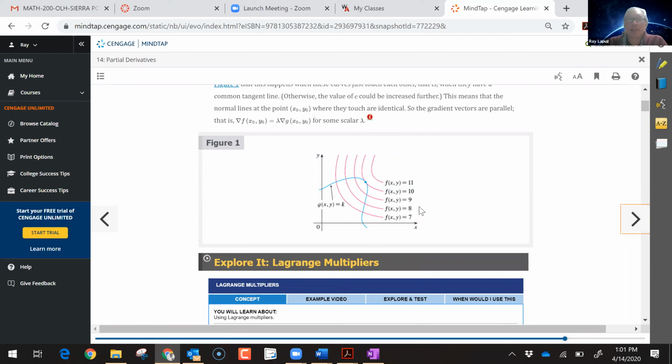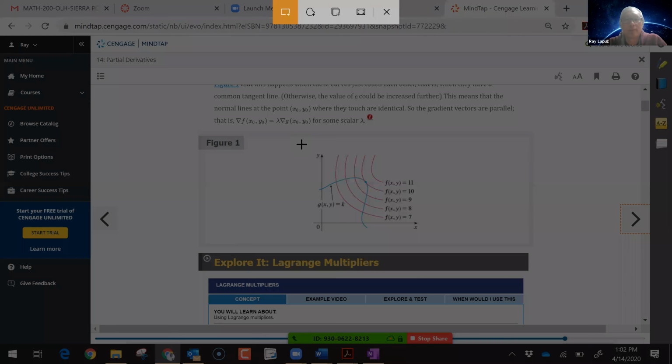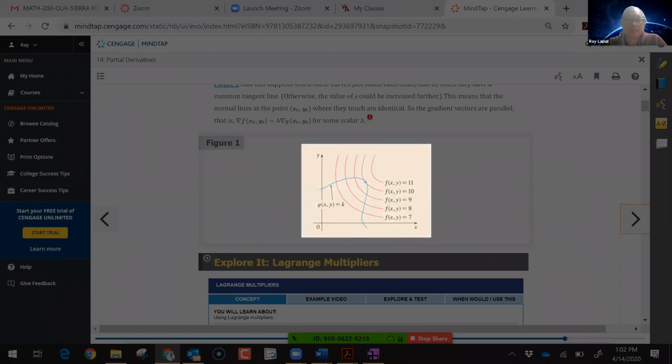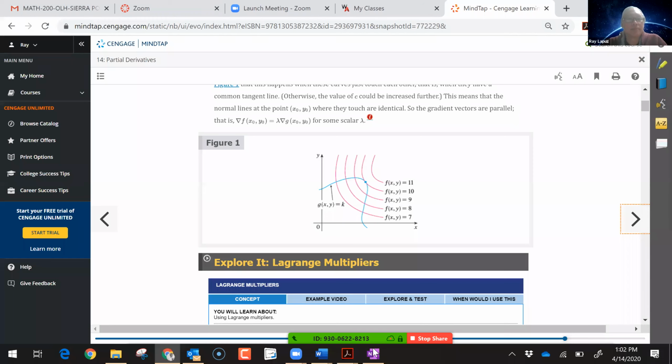Let me show you this picture first. The computer is running a little slow.